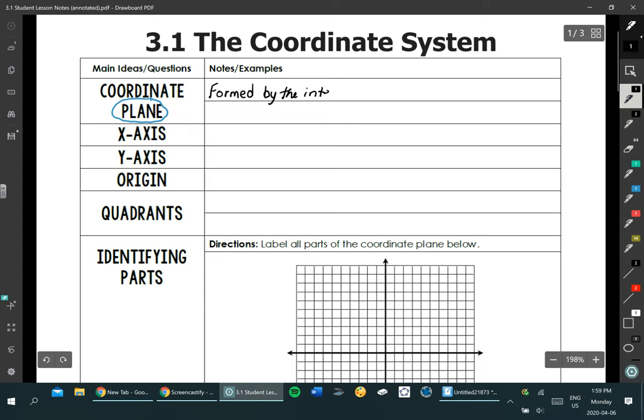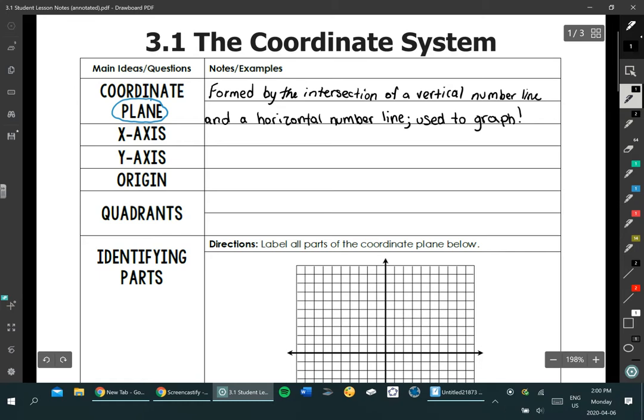So it's formed by the intersection of a vertical number line and a horizontal number line. And what is it used for? It's used to graph equations. Equations that have two variables.